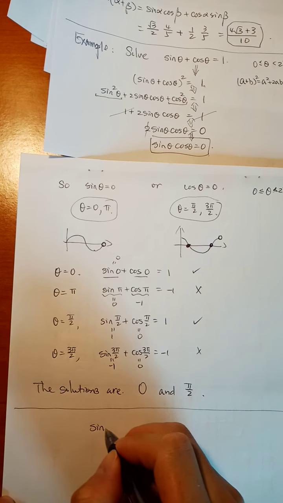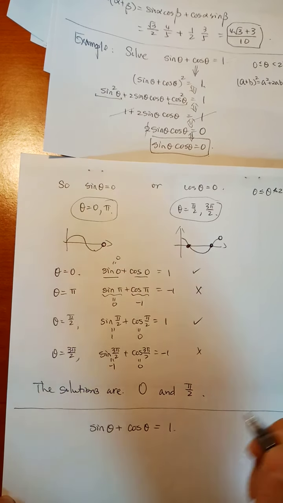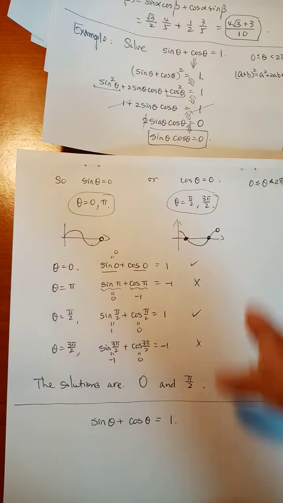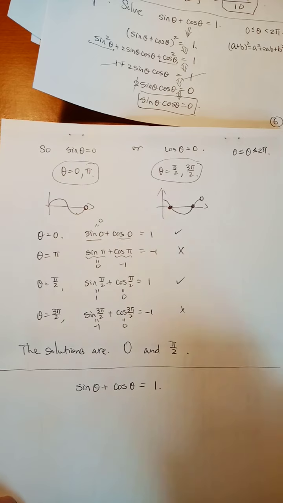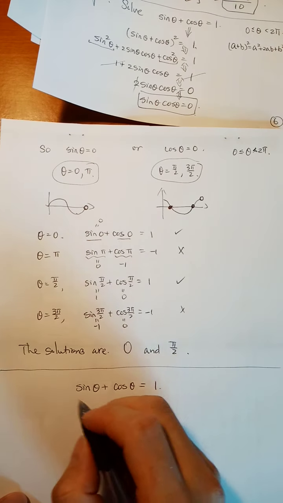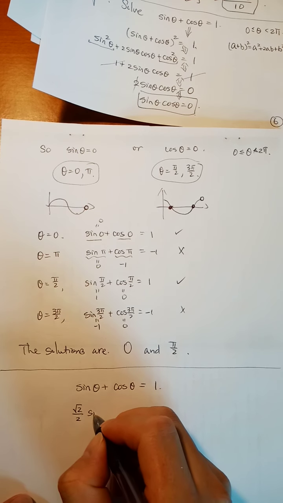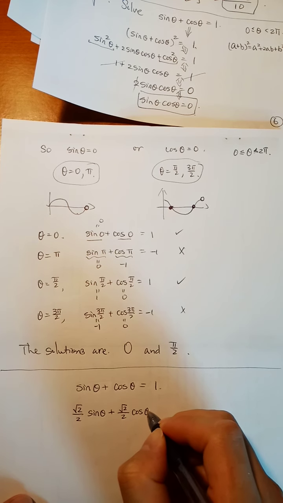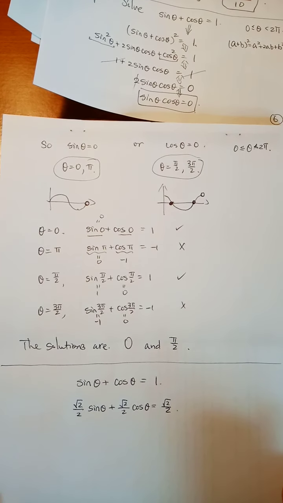So let's study it. Here, this is a tricky one. I mean, the first solution is also very tricky. We square it. Here, the tricky one is the following. We multiply the equation by square root of 2.